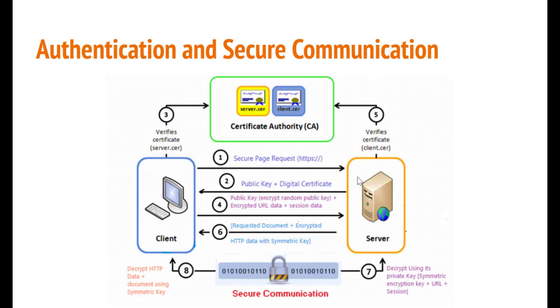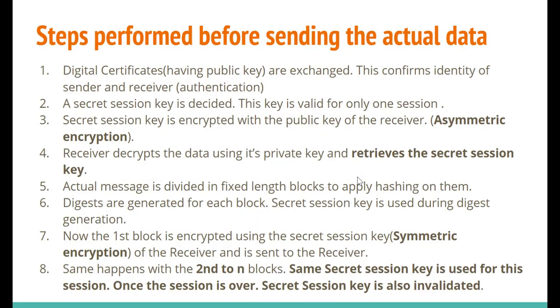And as a result, if the server finds that the client is trustable, and the client finds that the server is trustable, then the client generates a session key for sending the data in that particular session. And that is called a secret session key, right?